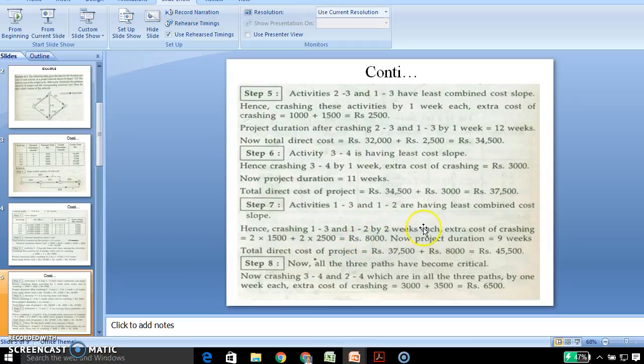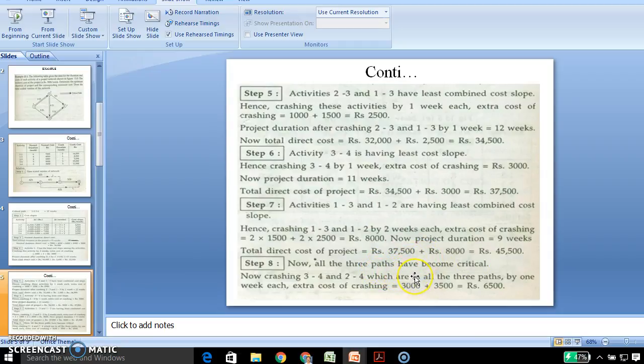We should crash them by 2 weeks, which means multiplying the cost slopes of those two activities by 2 weeks. We get an amount of 8,000 and the duration is 9 weeks, 11 minus 2. We add this crashing cost to the previous total direct cost of the project.